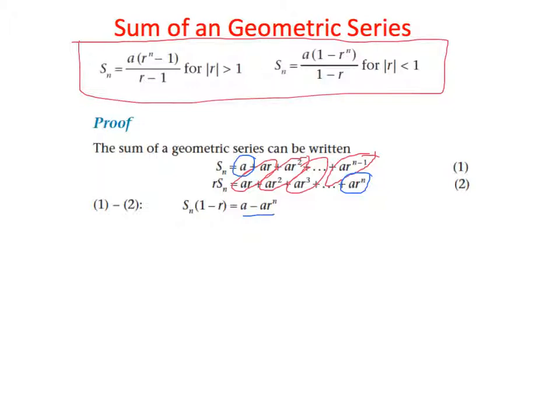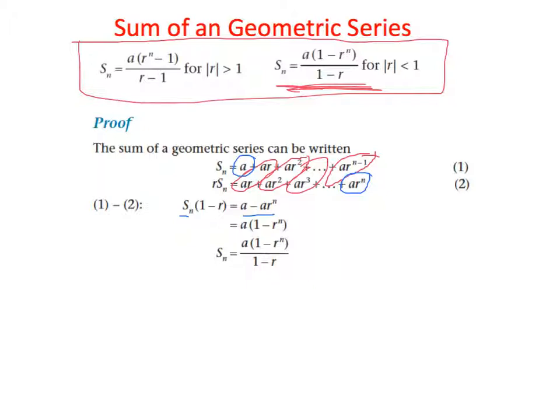When you subtract the left-hand sides, you've got Sn minus R Sn, and if you factorise out the Sn, you're left with Sn times 1 minus R. If we factorise A out of the right-hand side first, and then divide both sides by 1 minus R, we get the formula up here.